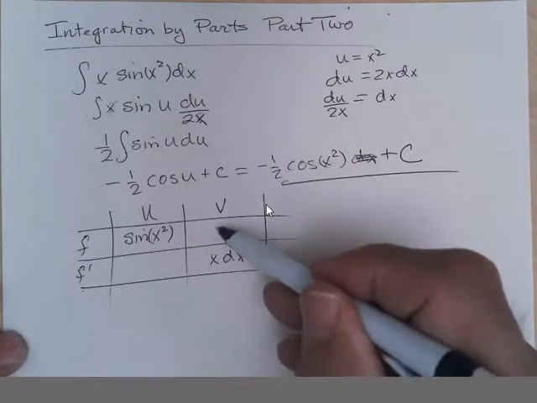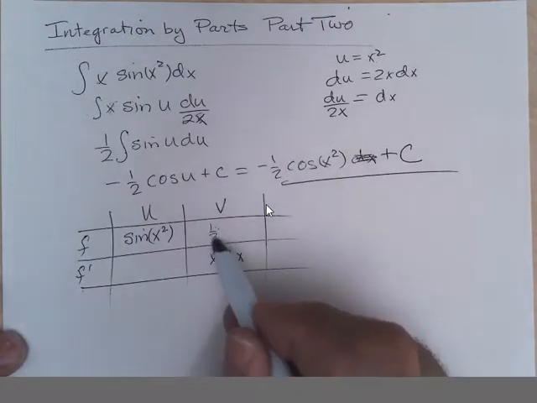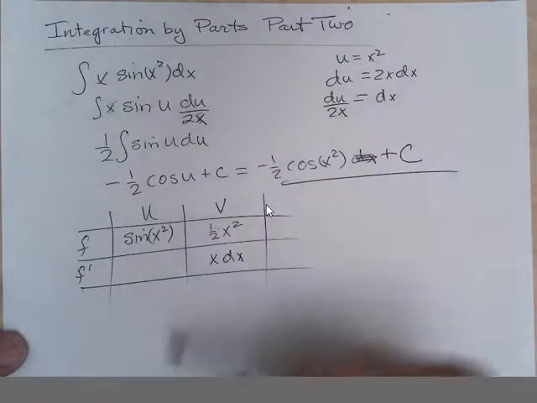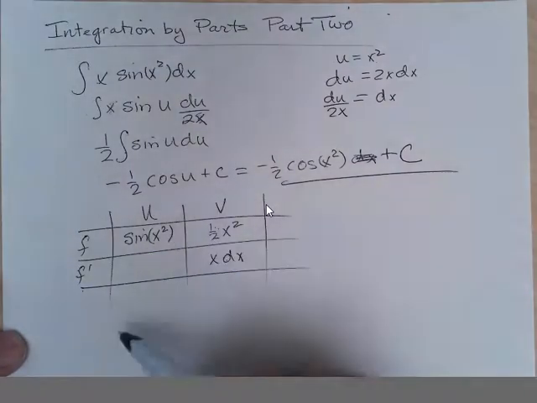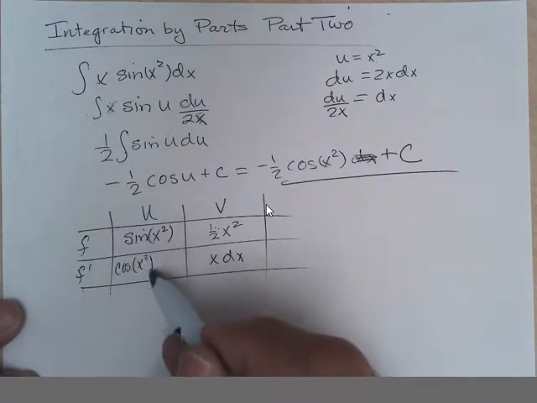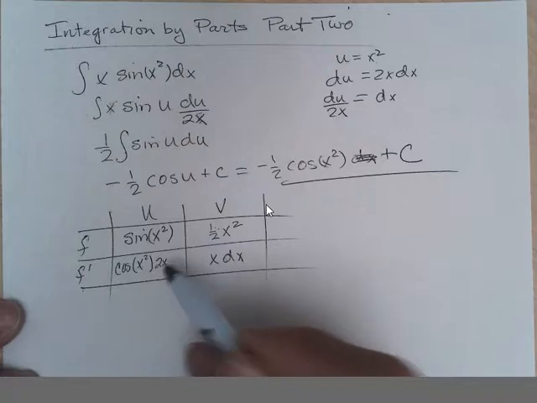find its antiderivative, which would be 1/2 x squared. No dx when I take the antiderivative. When I take the derivative, I get the dx. The derivative of sine is cosine of what it was, times the derivative of the inside, which is 2x times dx.